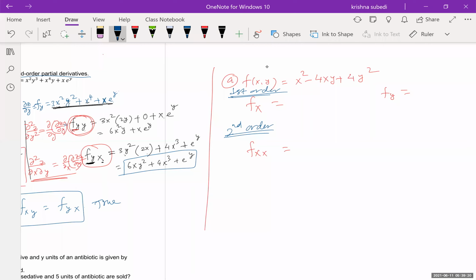So second order, there are 4 second order, f sub yy, and then f sub xy and f sub yx are the same, so you can just calculate. Anyway, let's calculate this f sub xy and f sub yx. Okay, I want you to try all of these right now.